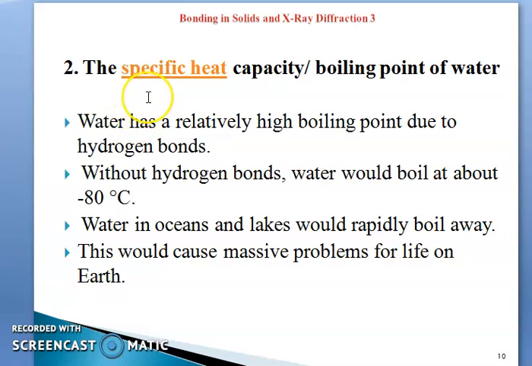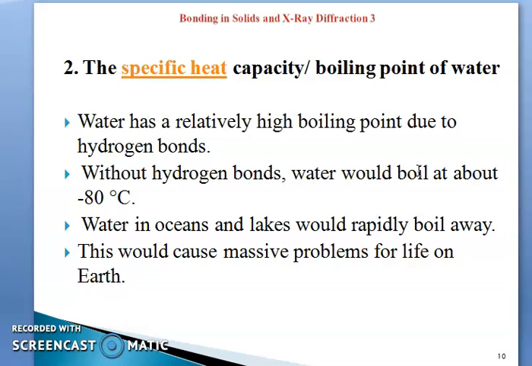But it is because of what? Hydrogen bonding. Water has a relatively high boiling point due to hydrogen bonds. What happens if the hydrogen bonds are not available? Without hydrogen bonds, water would boil at about minus 80 degrees Celsius.